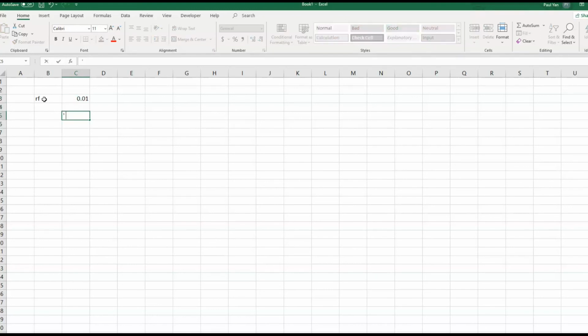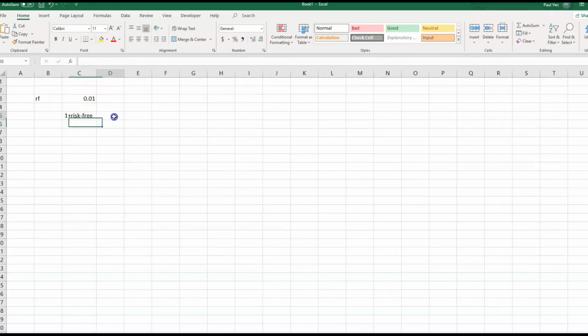Suppose our formula is 1 plus risk-free rate. Conventionally, we use 1 plus, and so this is C3, so we enter this one. So 1% plus 1 is 1.01.